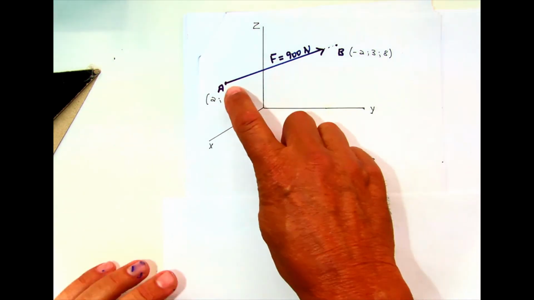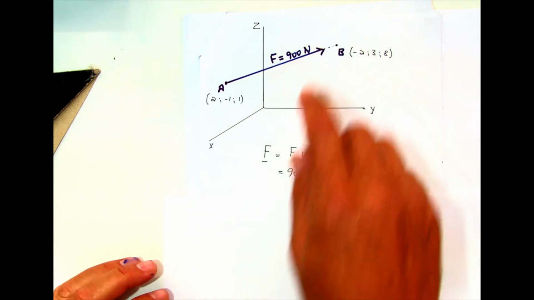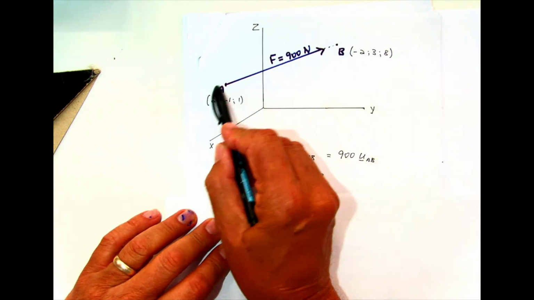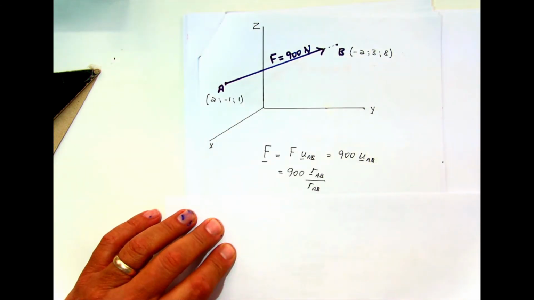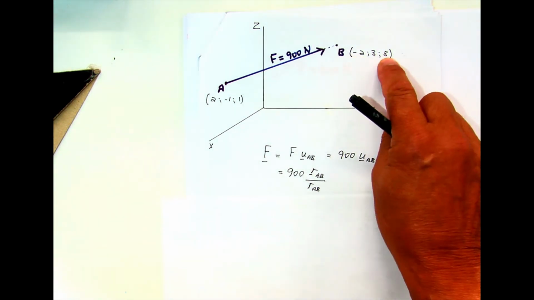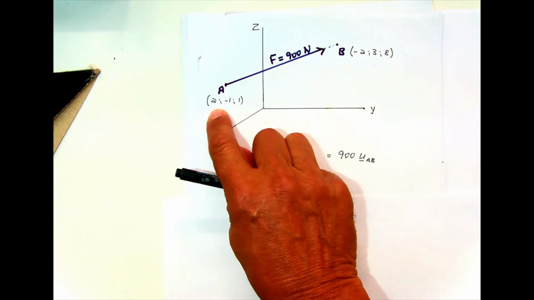Now what's the position vector from A to B? Well, then you work with the coordinates. Now the vector from A to B, you take the coordinates of B and you subtract the coordinates of A. So your final values minus the initial values. So you take those coordinates and you subtract these coordinates.